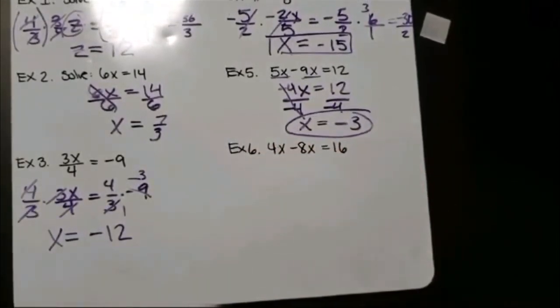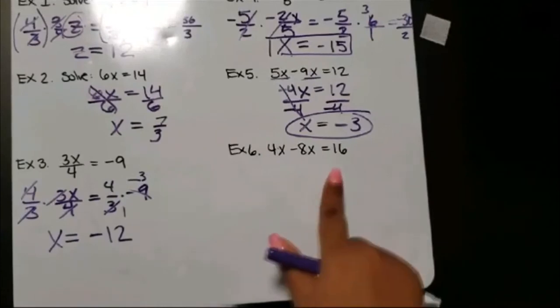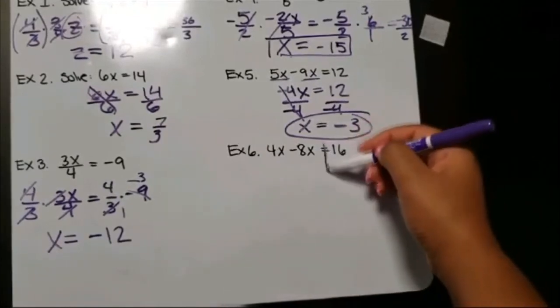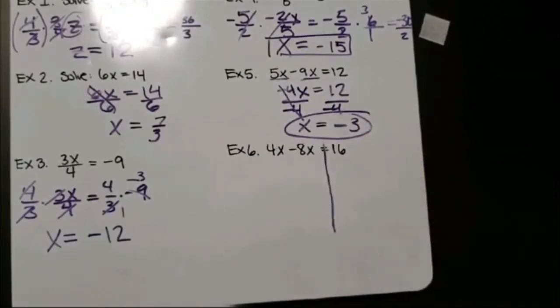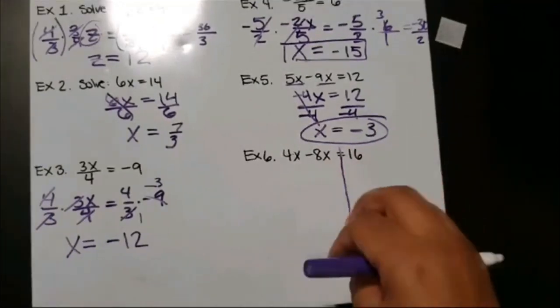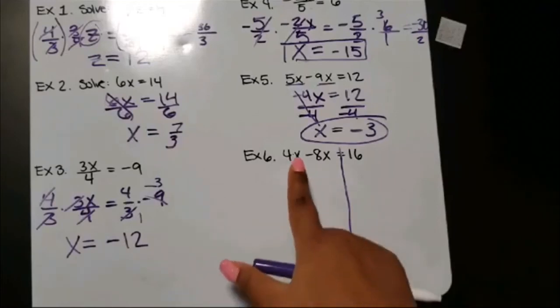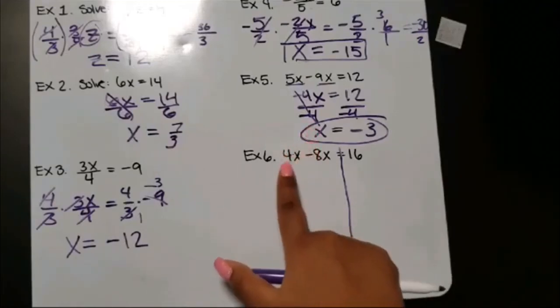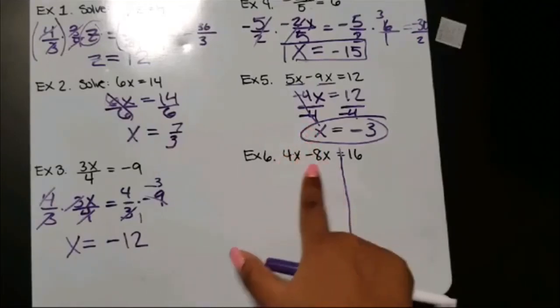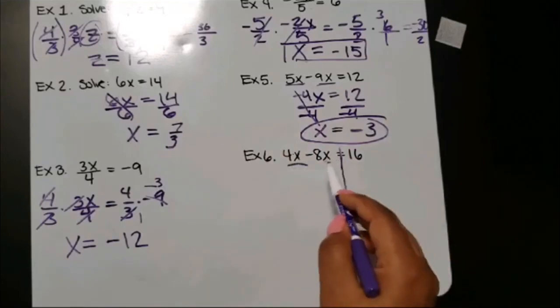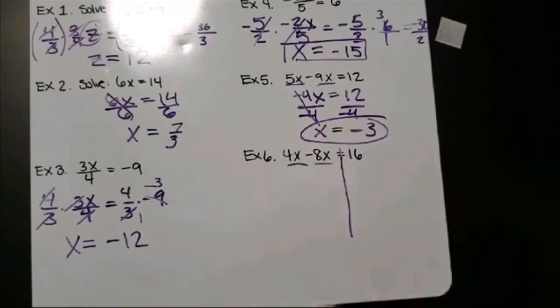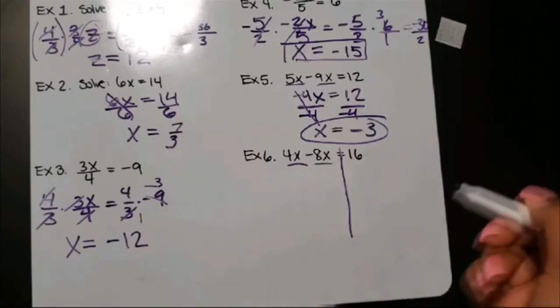First of all, you're only supposed to do that across this equal sign. So we need to first look at each side and see if it is fully simplified. So here we have 4x minus 8x, which is a term with an x and a term with an x, meaning we can combine that.